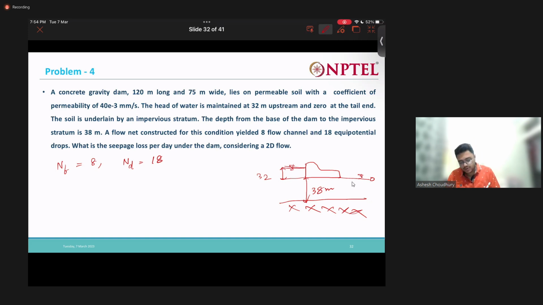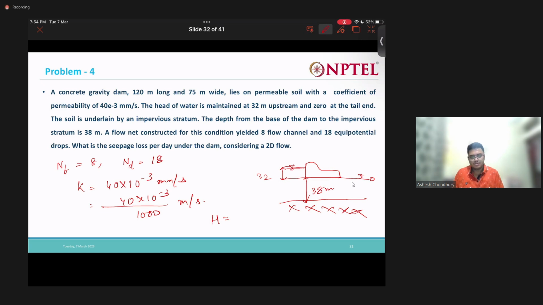Right. So my K is given as 40 into 10 to the power minus 3 mm per second. So it is nothing but 40 into 10 to the power minus 3 by 1000 meter per second. So what is my total head here? 32 meter.